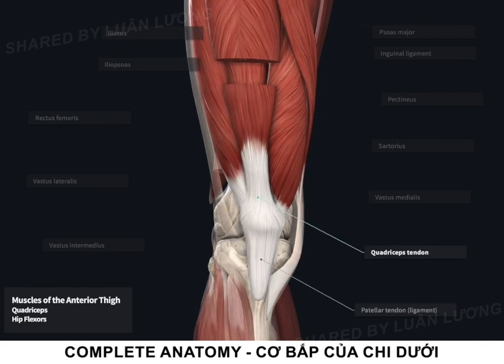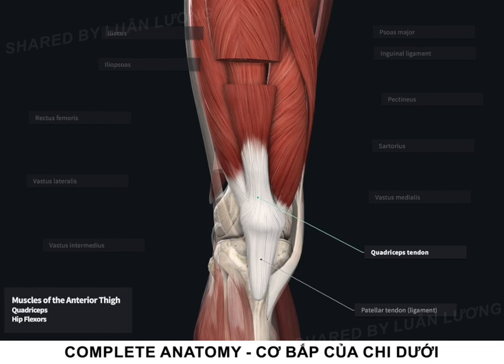The quadriceps tendon is going to attach along the superior aspect of the patella and then continue down towards our leg as the patellar tendon or ligament. Now, this has both names depending on if you talk to an anatomist or a surgeon. Technically, a tendon is going to attach between a muscle and the bone, while a ligament attaches from bone to bone.